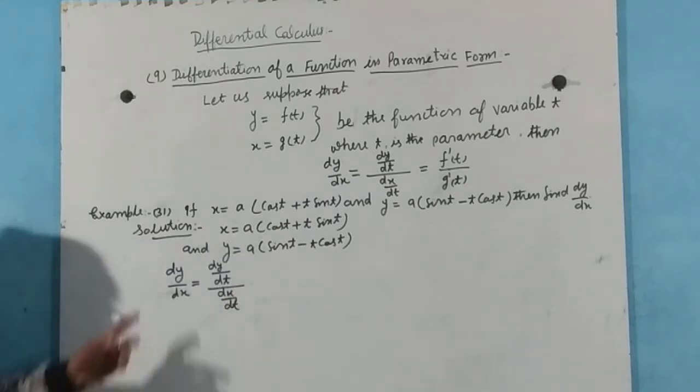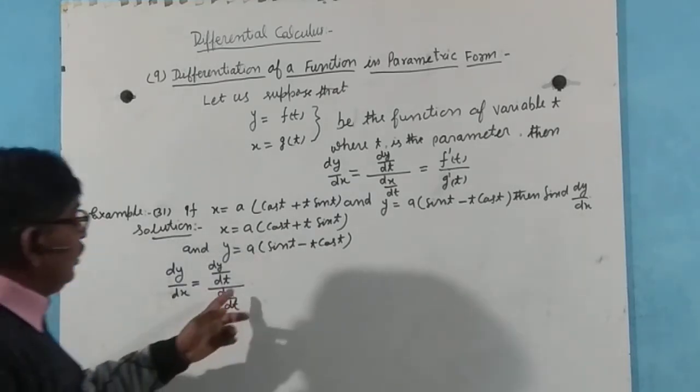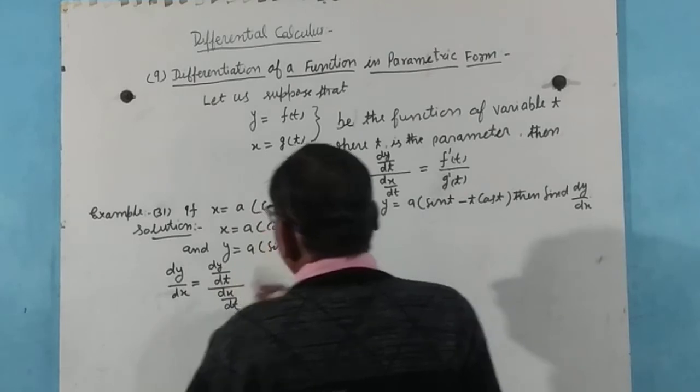Now for finding dy by dx we have to calculate dy by dt.